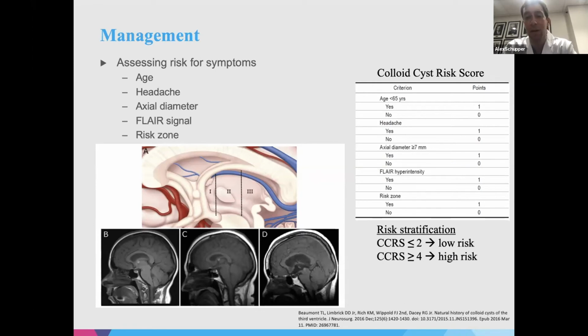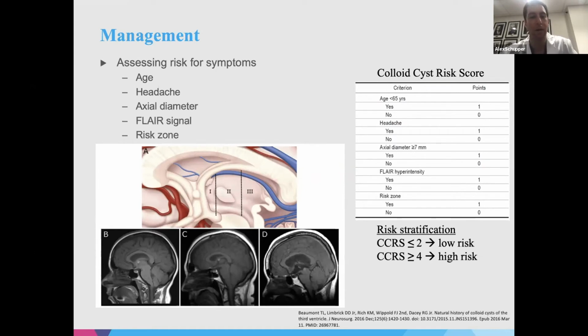The first is age, whether the patient is over or under 65 years old. Second, whether a headache is present upon admission, which, as Michael described, is very, very common. The axial diameter of the cyst, with a cutoff of 7 millimeters, was found to be important in terms of developing symptoms.